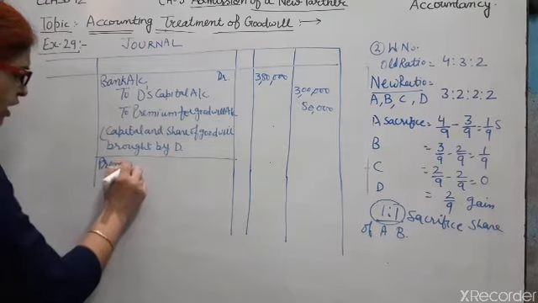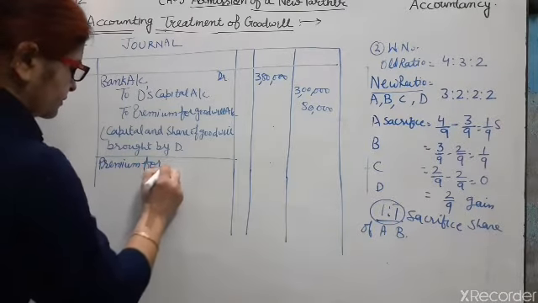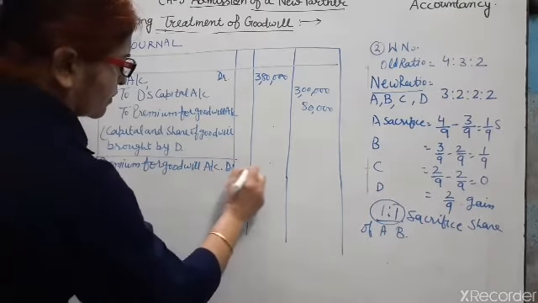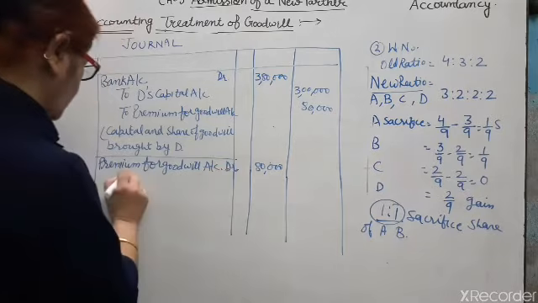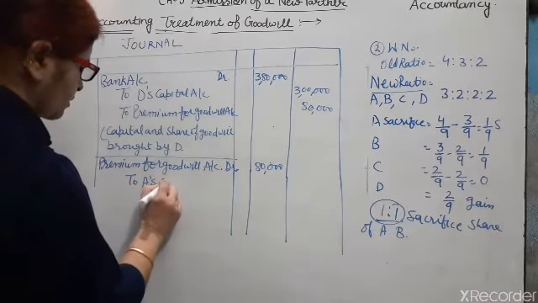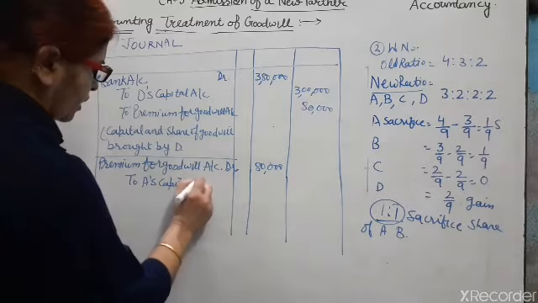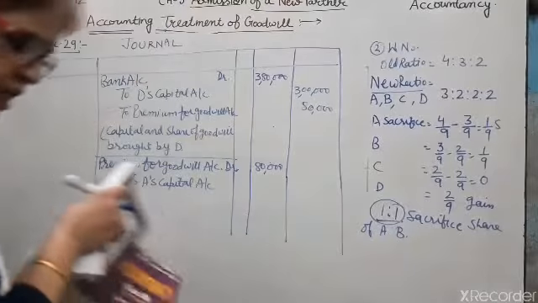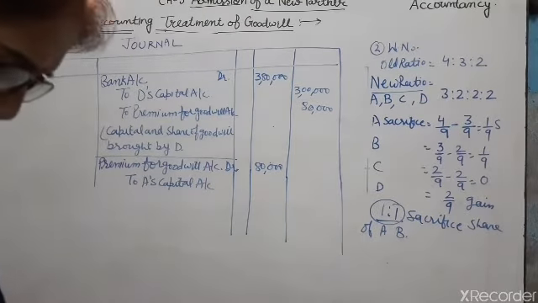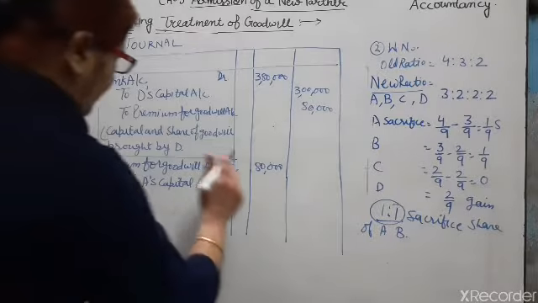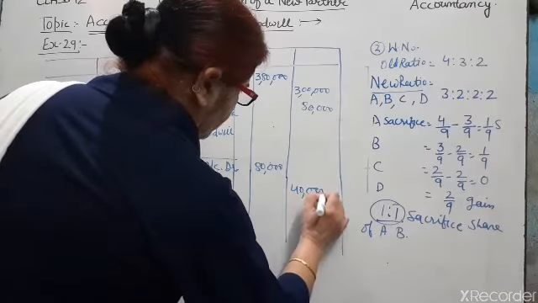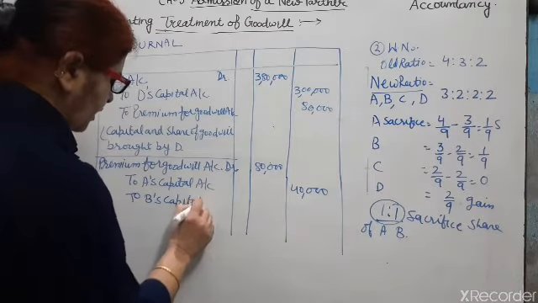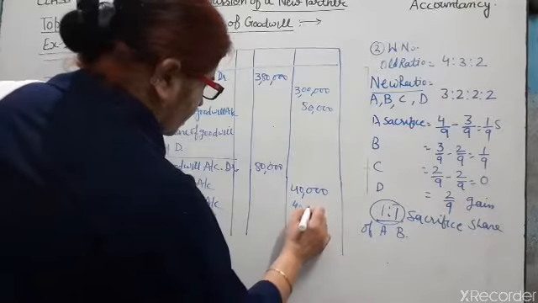Premium for goodwill account debit 80,000 to A's capital account. In this question, there is no mention whether capital is fixed or fluctuating, so we treat it as fluctuating capital. Credit A's capital account 40,000 and B's capital account 40,000.